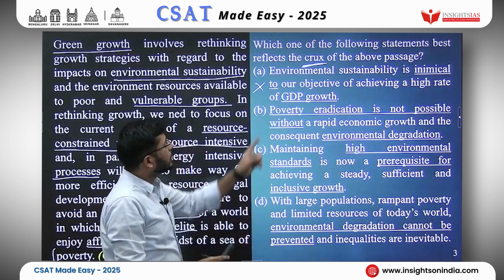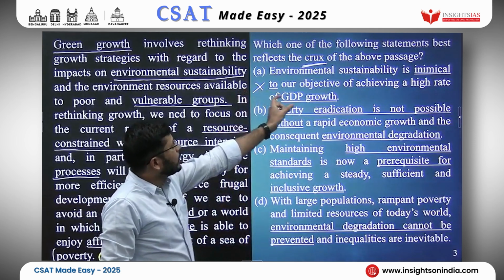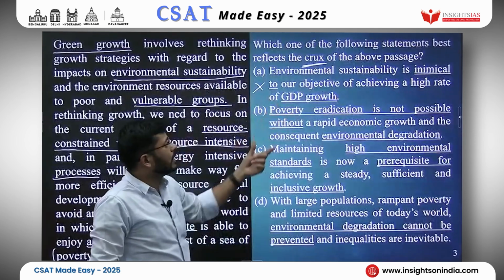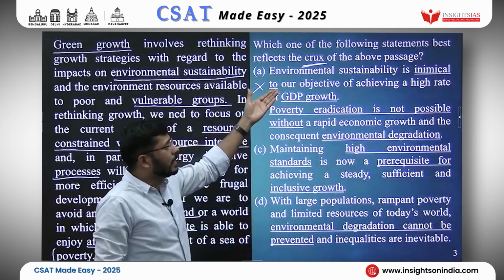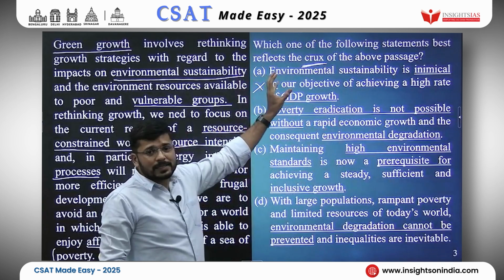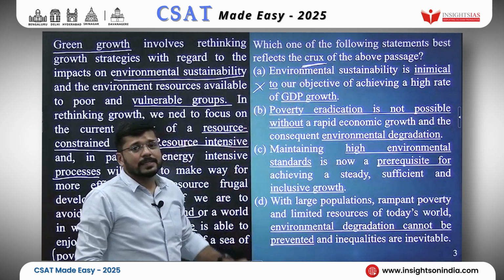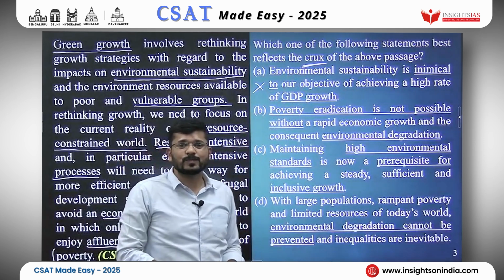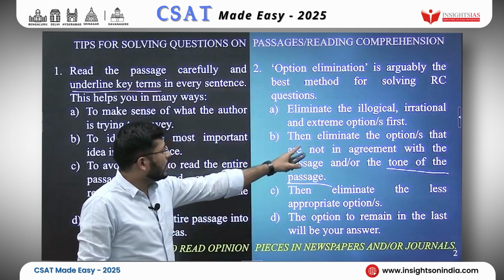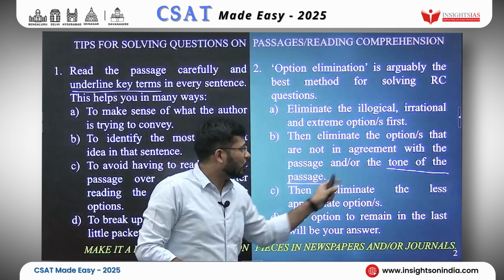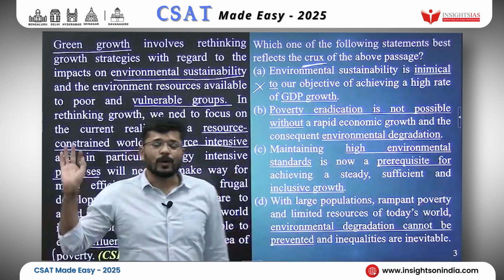Why? Look at the underlined words. Environmental sustainability is inimical to GDP growth. What is inimical to? It is kind of opposed to. So they are telling us that environmental sustainability is opposed to GDP growth. Is that so? And what did I tell you in the previous slide? Eliminate the options that are not in agreement with the tone of the passage. What is the tone of the passage?